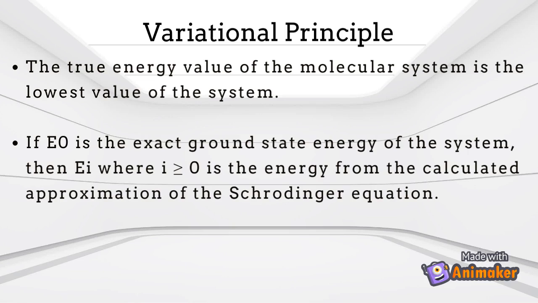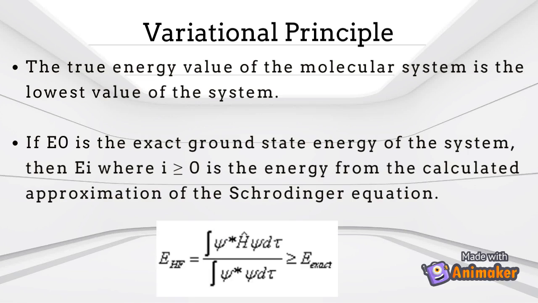According to the variational principle, the true value of the energy in the system is always the lowest value, and if E0 is the exact ground state energy of the system, then the EHF, which is calculated from the approximation of the Hartree-Fock method, is always greater than or equal to the true energy value, as stated in this equation, where EHF is the approximation value and E exact is the ground state energy of the system. How to use the self-consistent field method?